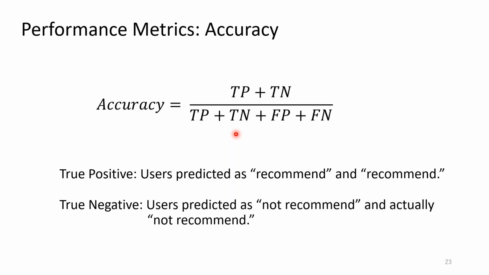It is calculated by dividing the sum of the number of true positives and true negatives by the number of total observations. Here in this problem, true positive means the users predicted as recommend and actually recommend. And true negative, on the other hand, represents the users predicted as not recommend and actually not recommend.